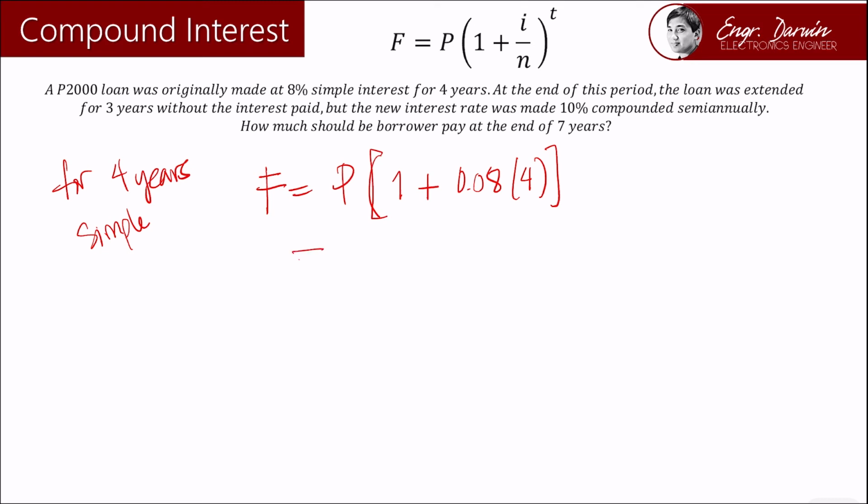Okay. So this is 2,000 pesos times this value. The answer to this one on the first scenario is, so you can try this on your calculator. You can encode these numbers to check if you got the right answer.